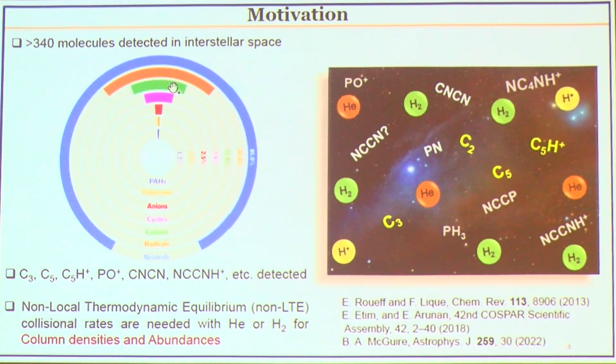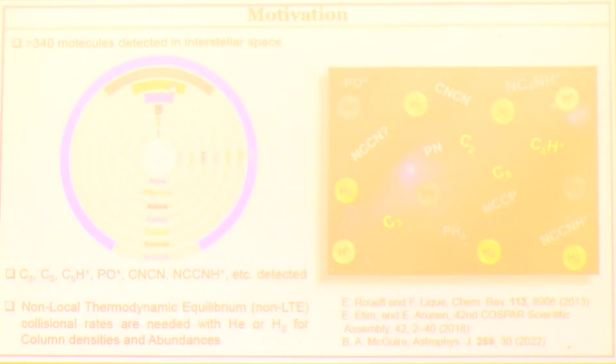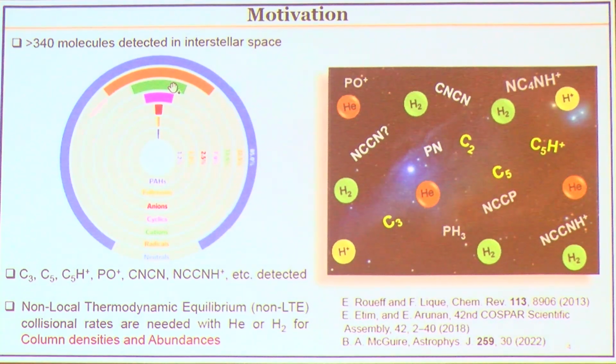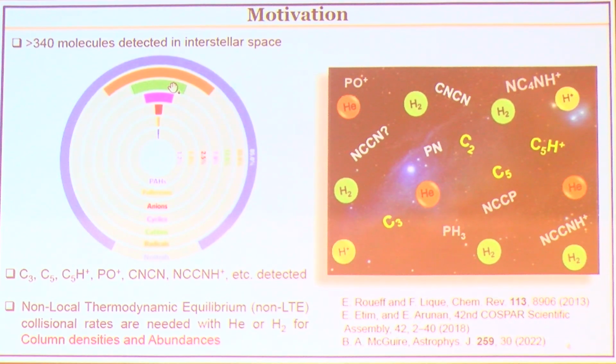So the motivation is that there are more than 340 molecules detected in space. I've listed them. Mostly they are neutral molecules. Then there are radicals, cations, anions. Nowadays, even aromatic hydrocarbons have been detected. And some of the molecules of interest are shown here.